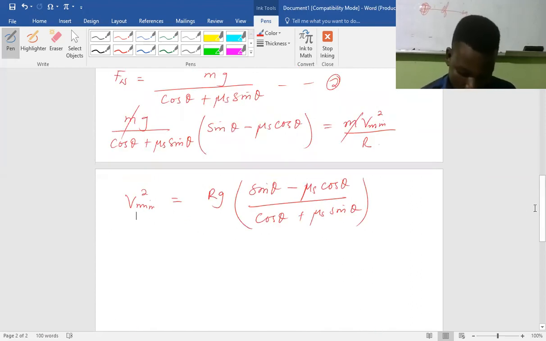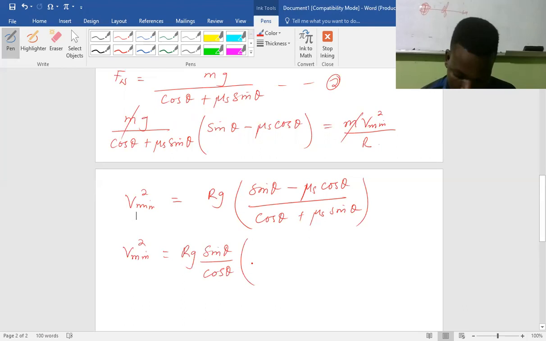And we're going to do the same manipulation where we factor out sine theta here, and here we factor out cos theta. So what we're going to remain with is 1 minus mu s cos theta over sine theta.